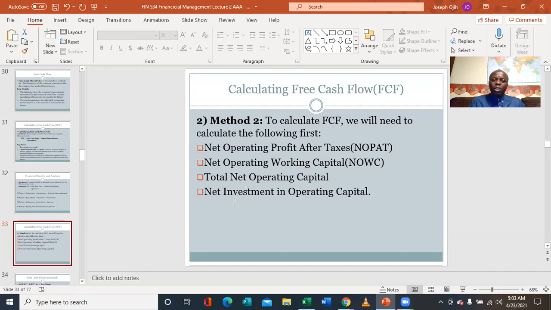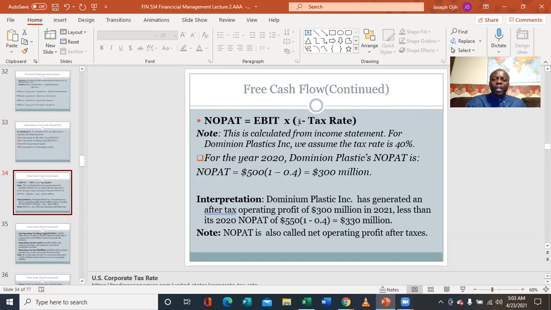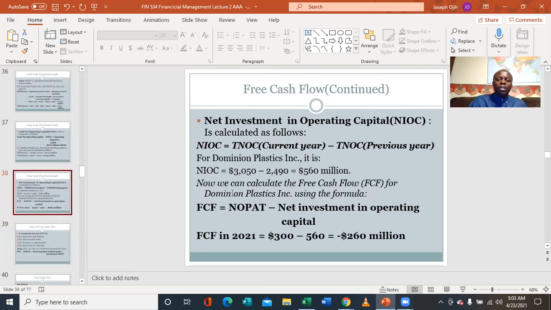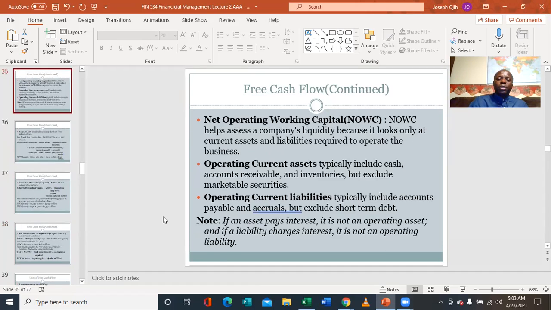Once we have these, we can calculate the free cash flow using the formula: net operating profit after tax minus net investment in operating capital. That will give you the free cash flow for the company.